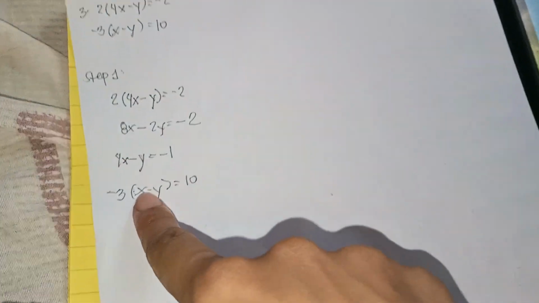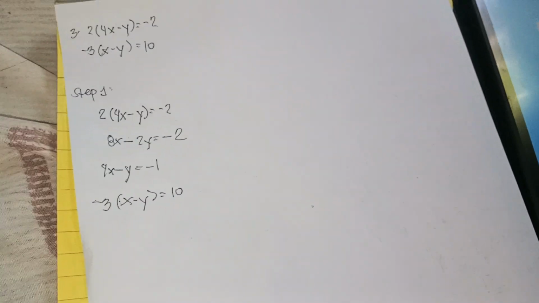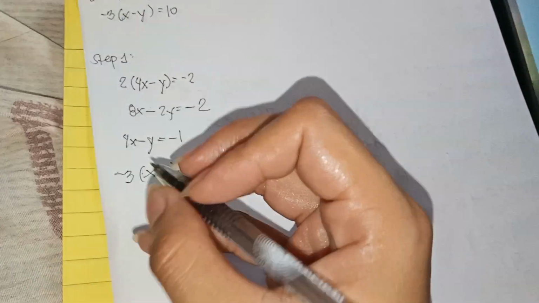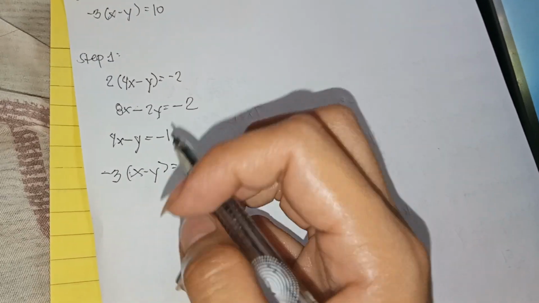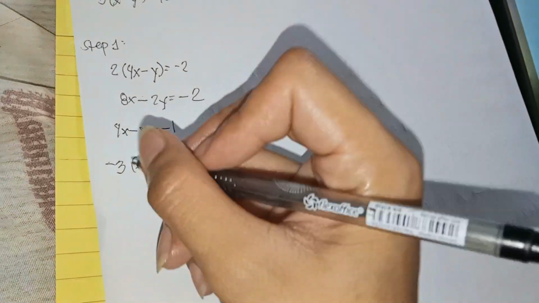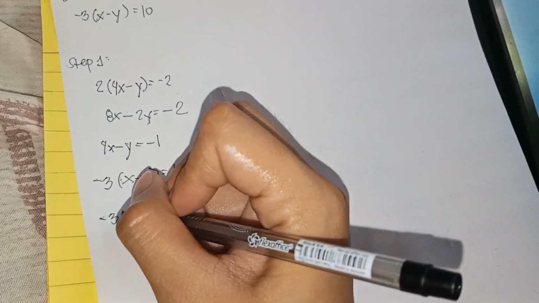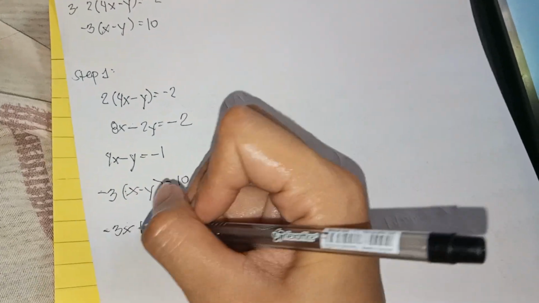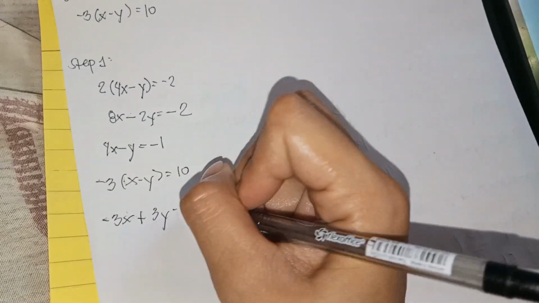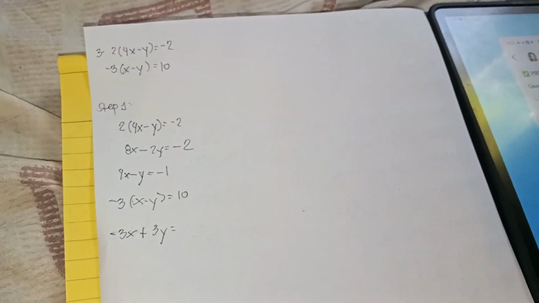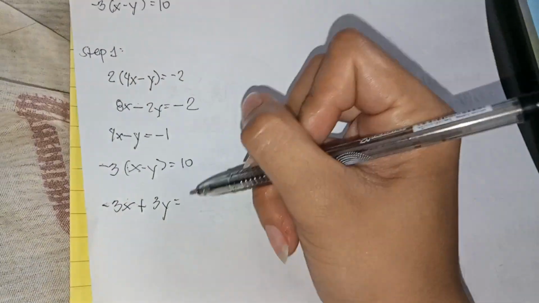That is for equation number 2. So we're going to multiply it out. So this is negative 3x plus 3y, then equals 10.